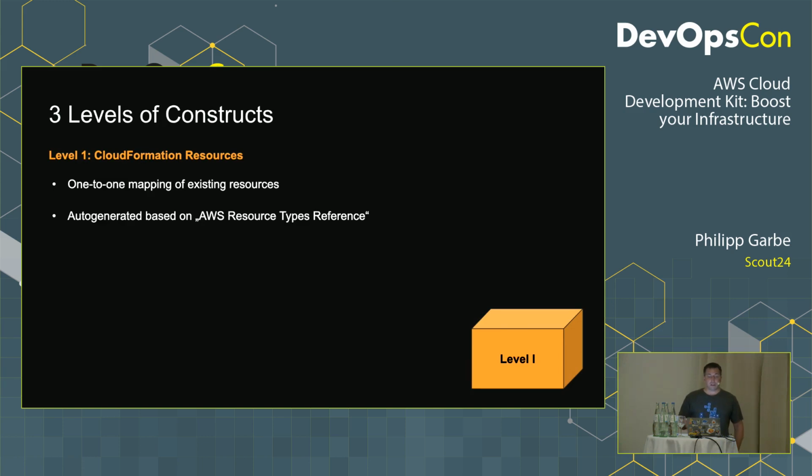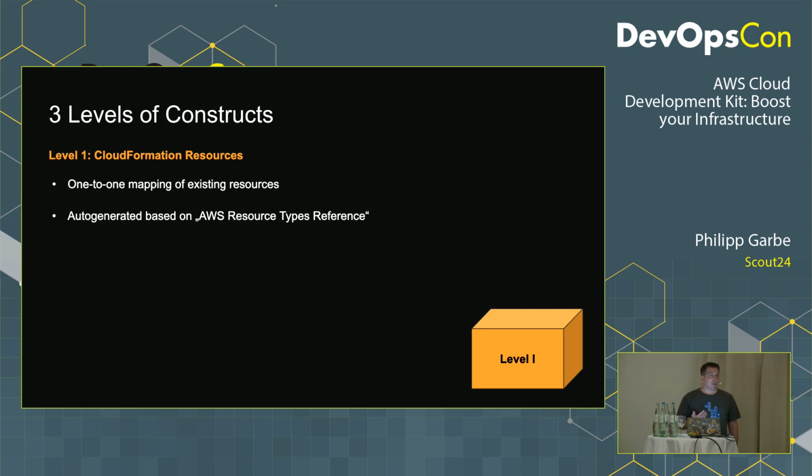When you look at the construct, there is the concept of 3 levels of constructs. Level 1 is the CloudFormation resource level. This is a one-to-one mapping of the existing resources that you already know from CloudFormation. They are also auto-generated based on the AWS resource types reference.